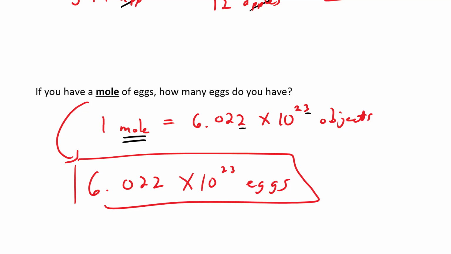Instead of saying 12 donuts, we say 1 dozen donuts. Well, if I wanted a mole of donuts, that would be 6.022 times 10 to the 23 donuts. Just like the dozen relates to a certain number of objects, the mole also relates to a certain number of objects, however, a much larger number of objects. We'll discuss that more in the following lectures.